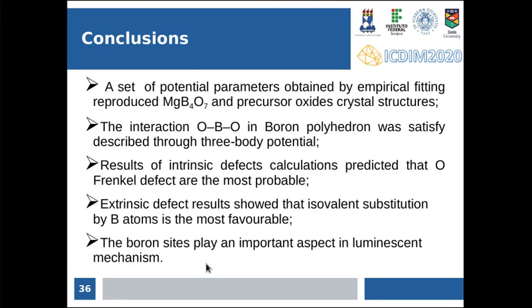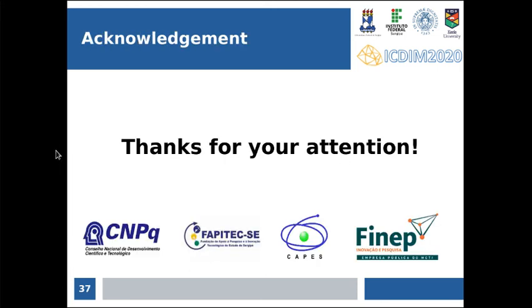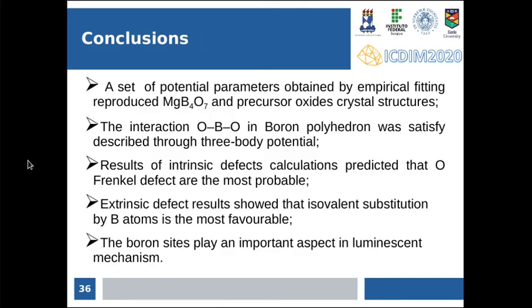Conclusions. A set of potential parameters obtained by empirical fitting reproduces the magnesium tetraborate and the precursor oxides. The boron-oxygen interaction was satisfactorily described by three-body potentials.